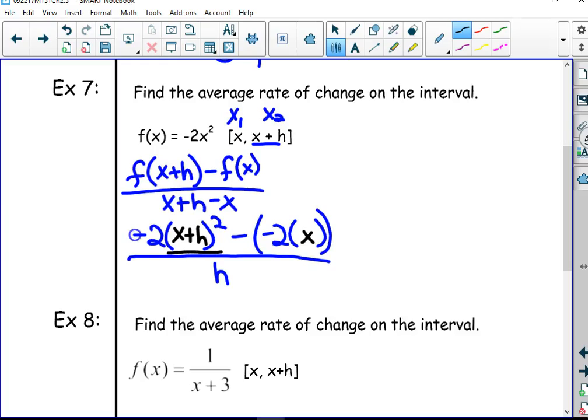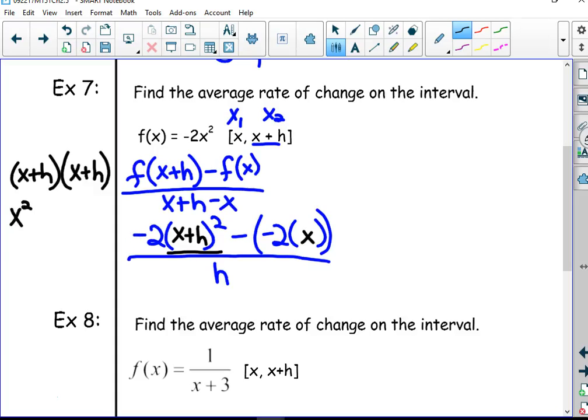Okay, now in order to simplify the numerator, and it can be simplified, it always can be simplified in these kinds of problems, I need to square that x plus h squared. And so I'm going to do that in the margin just so you can see it. Because again, it's a little bit different than working with numbers. I would do the shortcuts comfortably with the numbers, but not so much with the h's. So I get x squared.